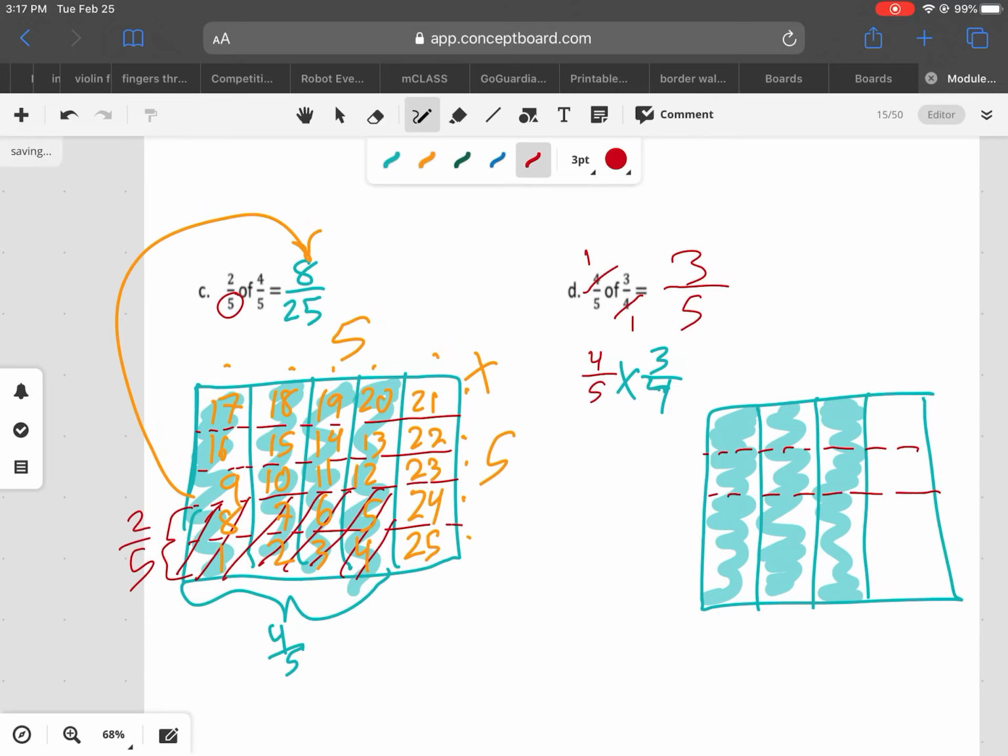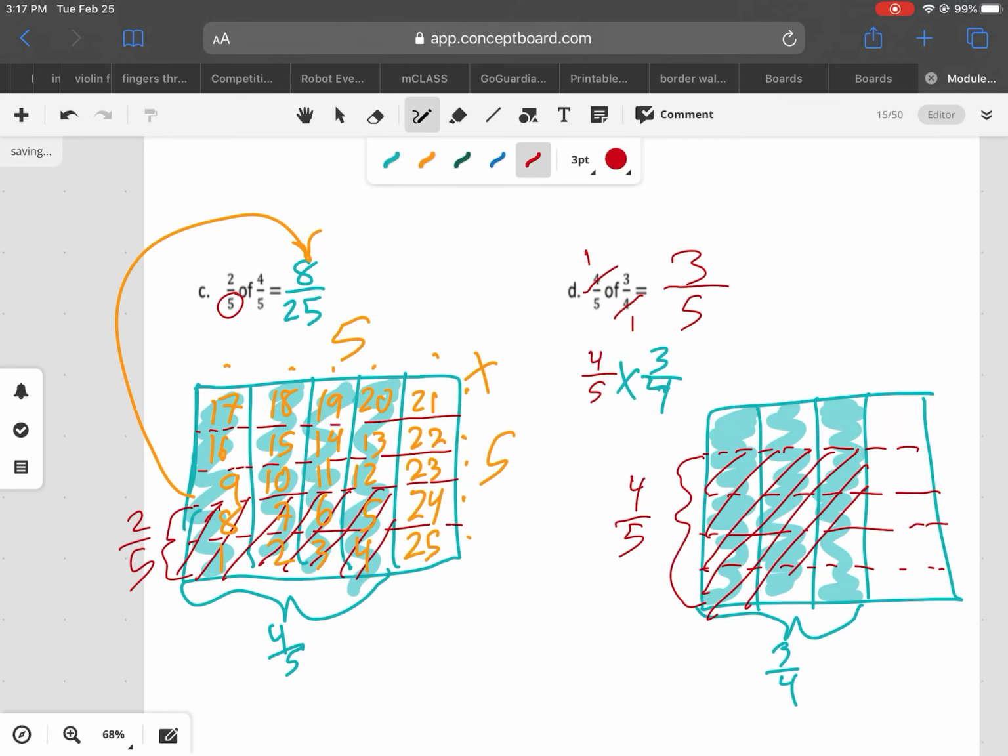And then I'm going to do my 5ths. And if you're not sure how I'm cutting these in 5ths, just look at the colors. That's what's telling you where I'm getting my numbers from. So this is my 3/4. And then 4 of these is 4/5.